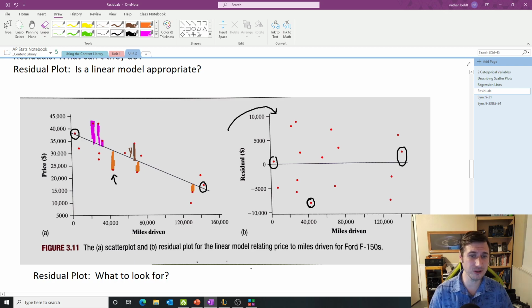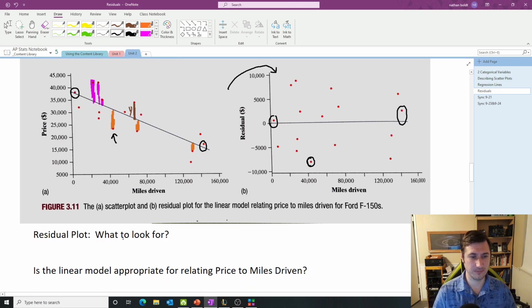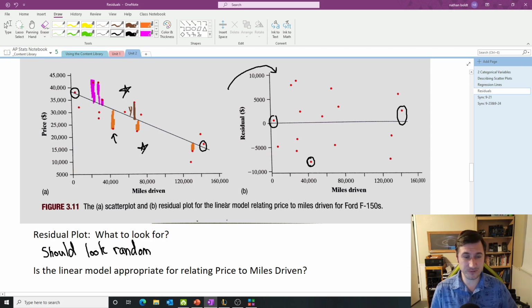So what are we looking for when we look at a residual plot? You're looking for nothing. It should look random. A residual plot, what to look for? It should look random. Because some points are going to be above the regression line and some points will be low, and you want them to be sort of scattered throughout.